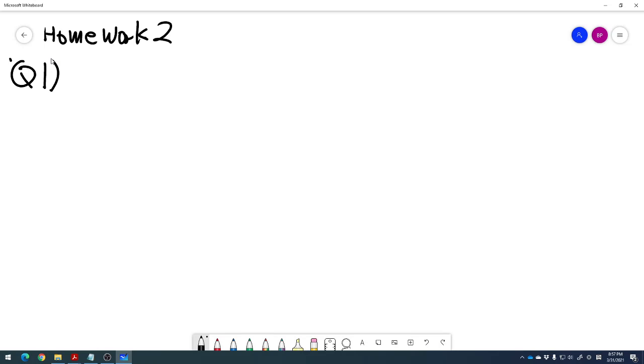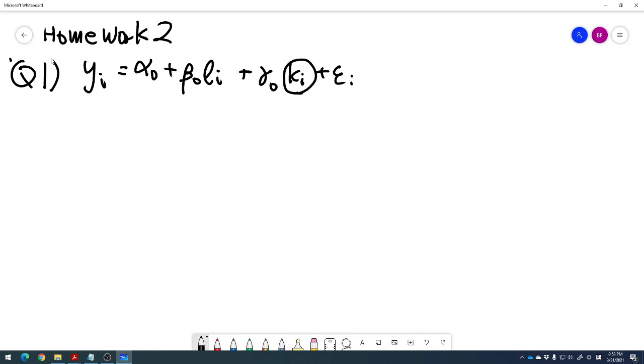We know that it is a Cobb-Douglas production function, alpha 0 plus beta 0 Li plus gamma 0 Ki plus epsilon i, but we do not observe this K, therefore we can rewrite.